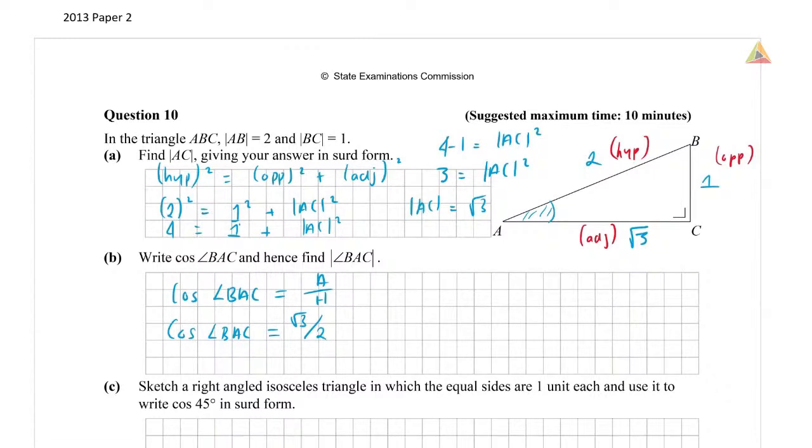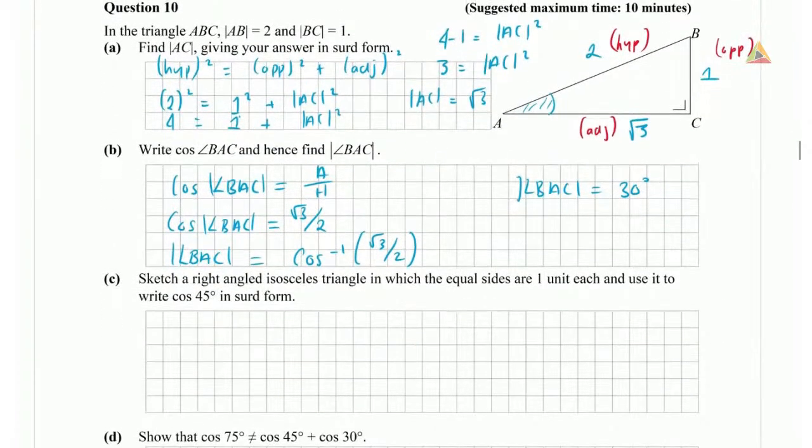If that's what the cos of BAC is, to get the angle BAC, we need to bring the cos underneath the equal sign, so it becomes cos minus 1 of root 3 over 2. You can put that straight into the calculator, and the angle BAC is 30 degrees. So that's your answer to part B.